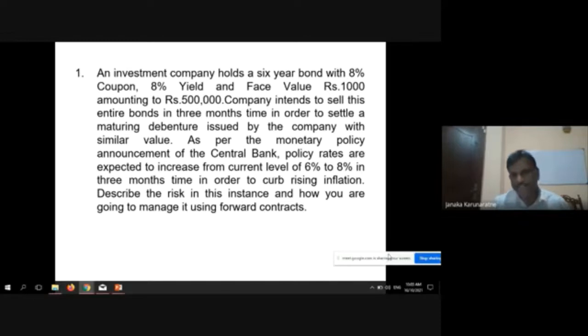What is the risk? Now, this is the important factor. As a risk manager, what is the possible risk?